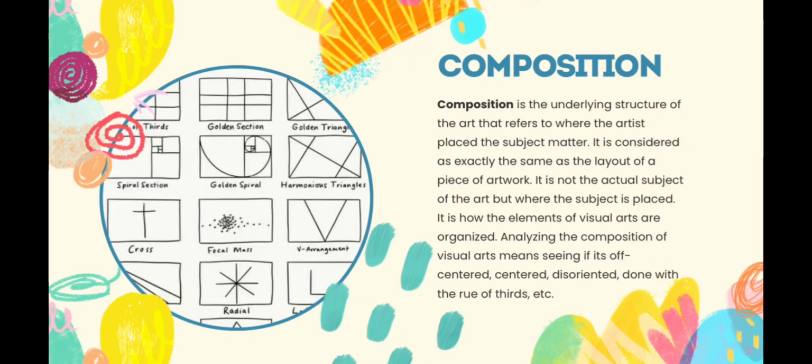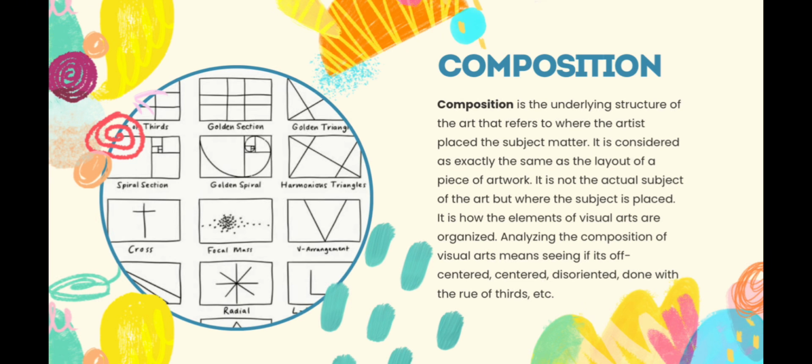Composition. Composition is the underlying structure of the art that refers to where the artist placed the subject matter. It is considered as exactly the same as the layout of a piece of artwork. It is not the actual subject of the art, but where the subject is placed. It is how the elements of visual art are organized.